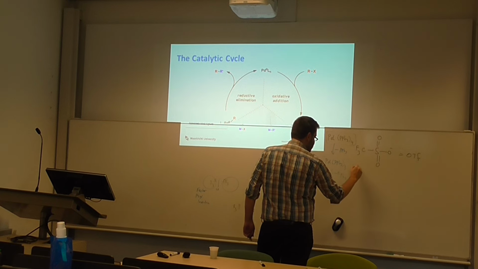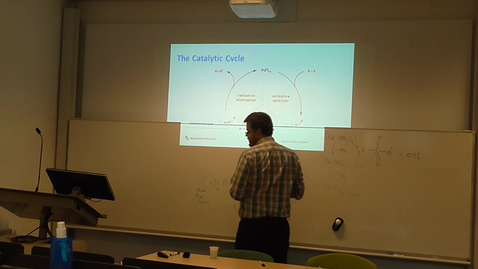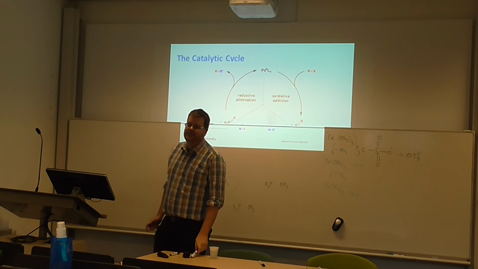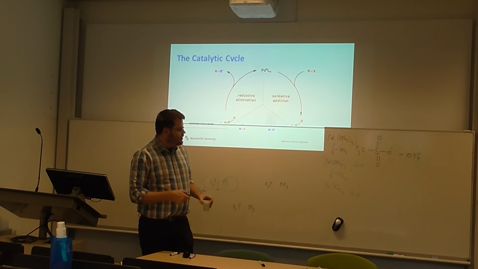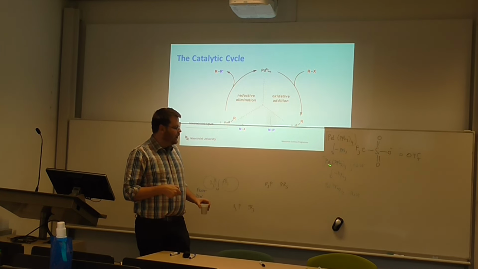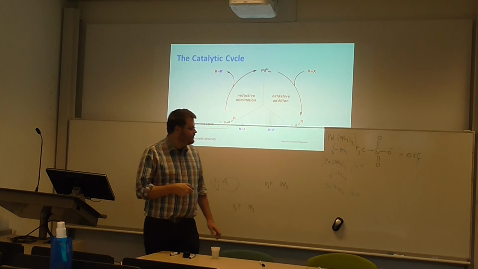So this is 16 valence electrons, and this is 14 valence electrons. And those guys are sort of the active catalyst species in these CC bond reactions, coordinatively unsaturated, low valent palladium systems. Okay?